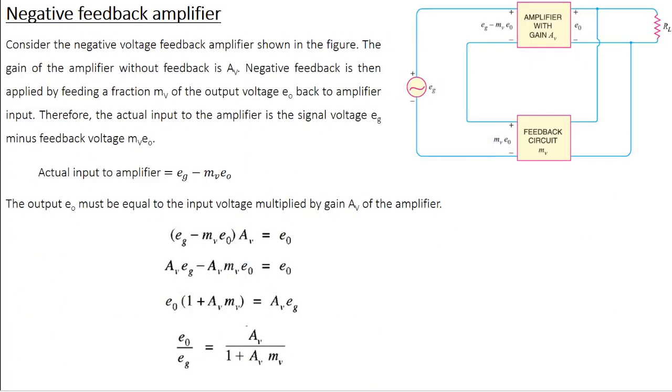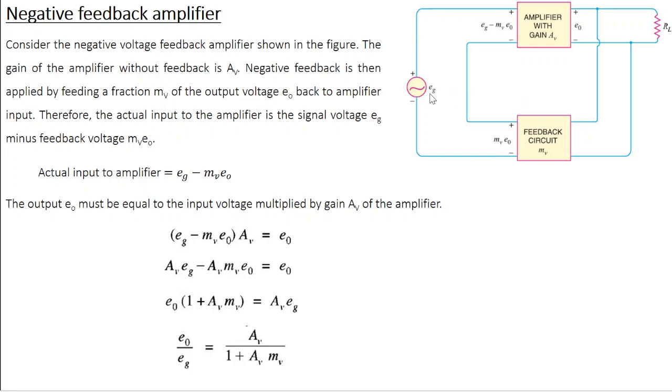Let's now look in more detail at the working of a negative feedback amplifier. Okay, so this is the feedback network. A part of the output of the amplifier is fed back to its input through the feedback circuit, and the feedback is out of phase with the input by 180 degrees, or pi radians. The gain of the amplifier without feedback is AV. The negative feedback is then applied by feeding a fraction mV of the output voltage E0 back to the amplifier input.